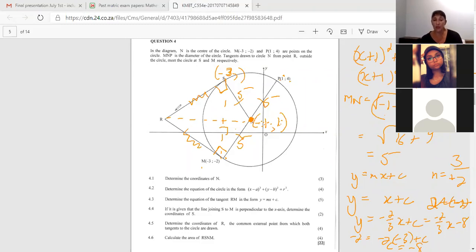Right, so the line joining S to M is perpendicular to the x-axis, so it has the same x value. It just has a different y value. So if you take the equation of your circle and you sub in minus 3 for x, you'll be able to solve for y.